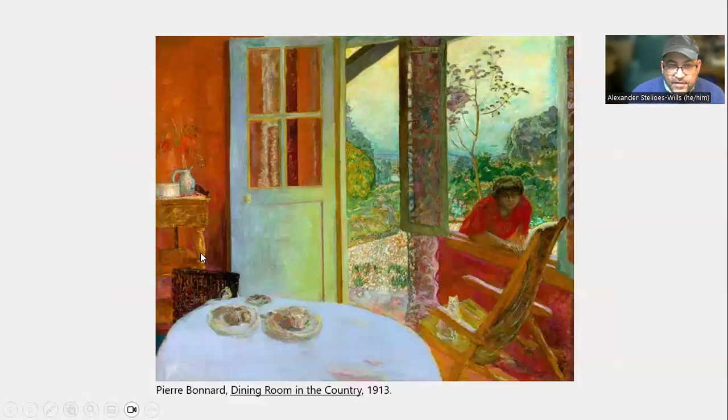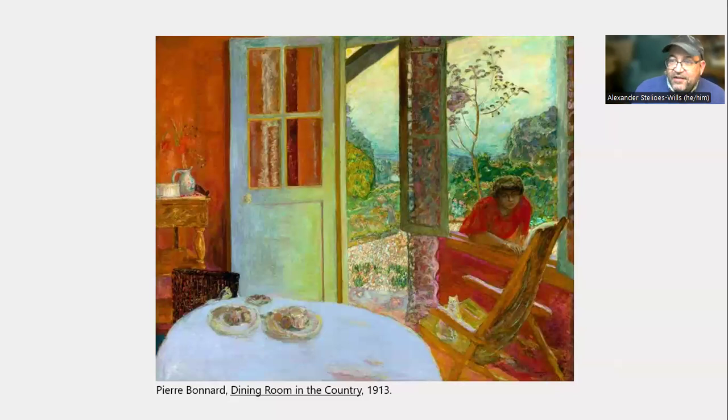For example, the way the color of the table bleeds into the color of the plate right there, or the way the color of the floor bleeds into the side of the chair right there, or, probably best, the windowsill and the side of the chair and the arm really all become one area of color. They're just slight modulations shifting between each other.